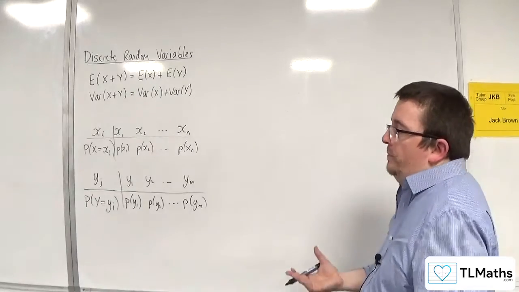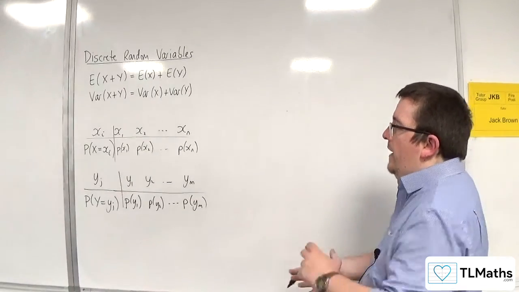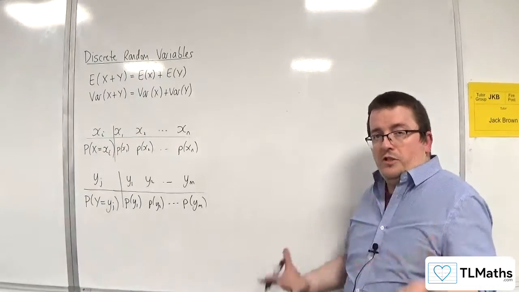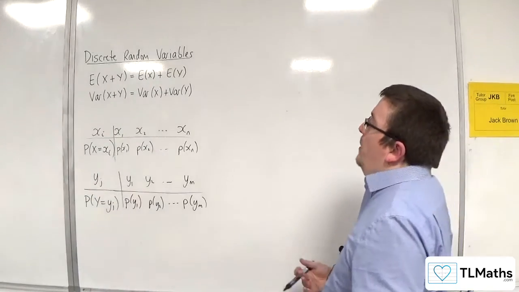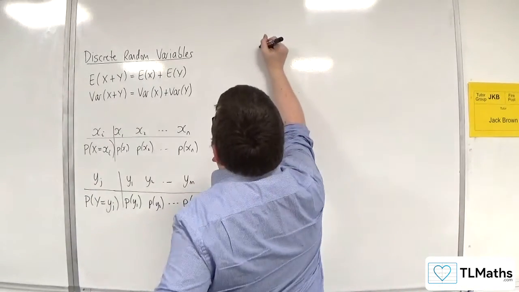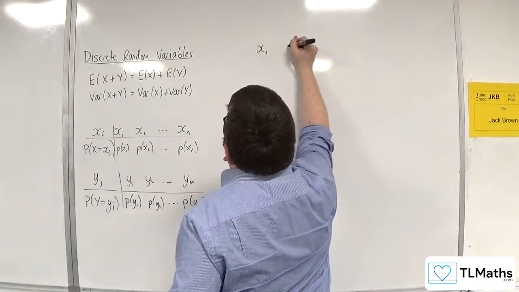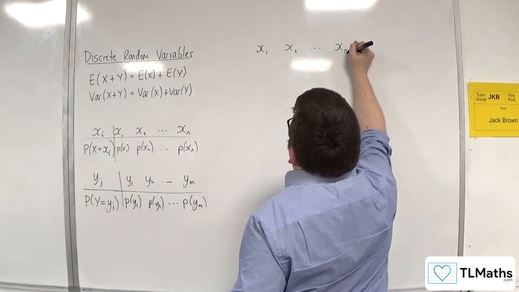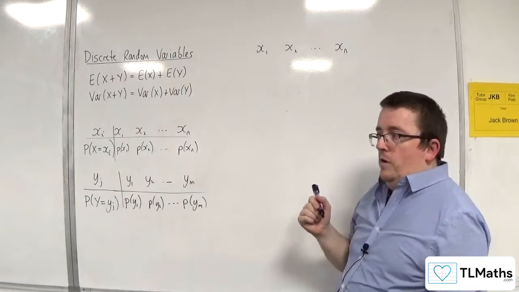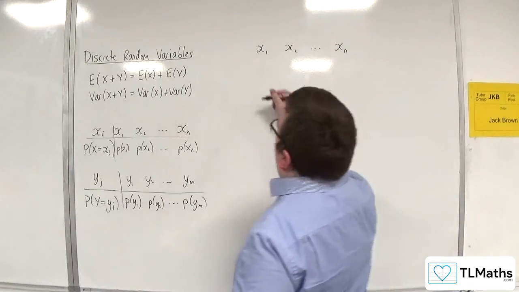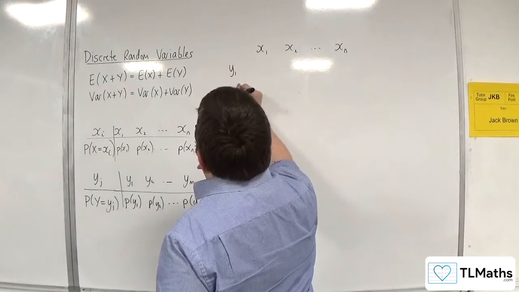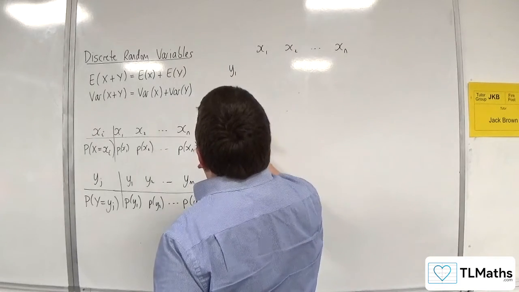Now what I could do is write that in a table. So just like we did before, we would have each of the x's, so x1, x2, all the way up to xn on the columns, and then the rows y1, y2, ym.